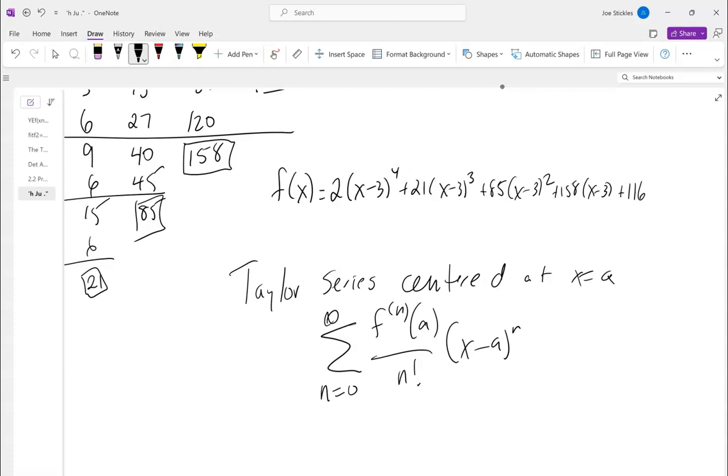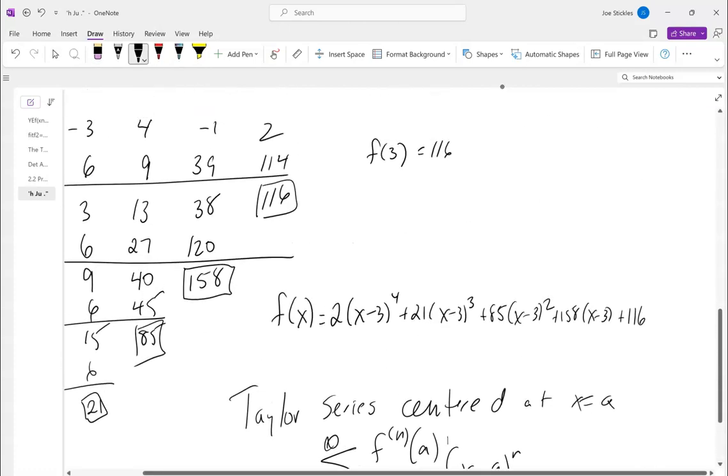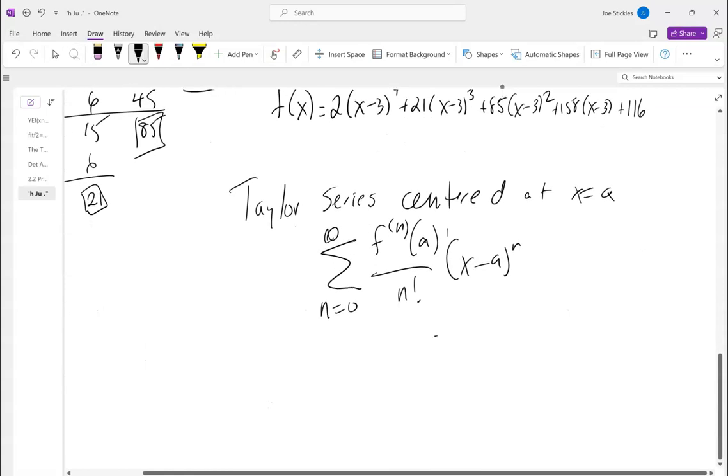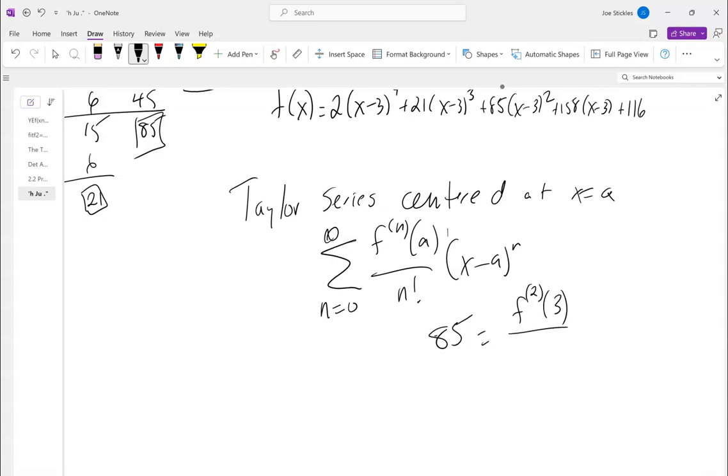Because of the n factorial. So the 85 has to be the second derivative at 3 over 2 factorial. So the second derivative at 3 has to be 170 in this case, multiplying both sides by 2.